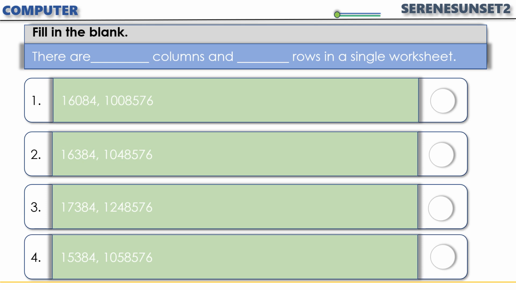There are dash columns and rows in a single worksheet. Options: Option A 16, 84, 10.